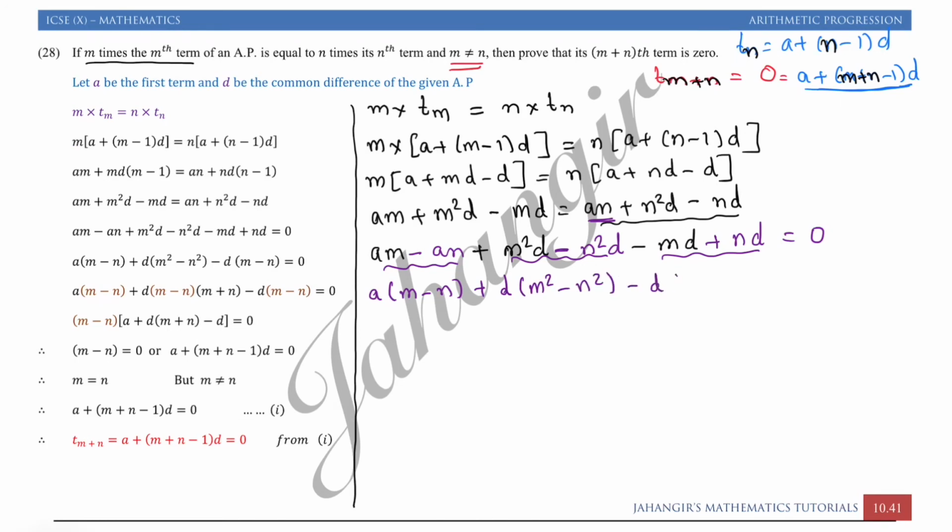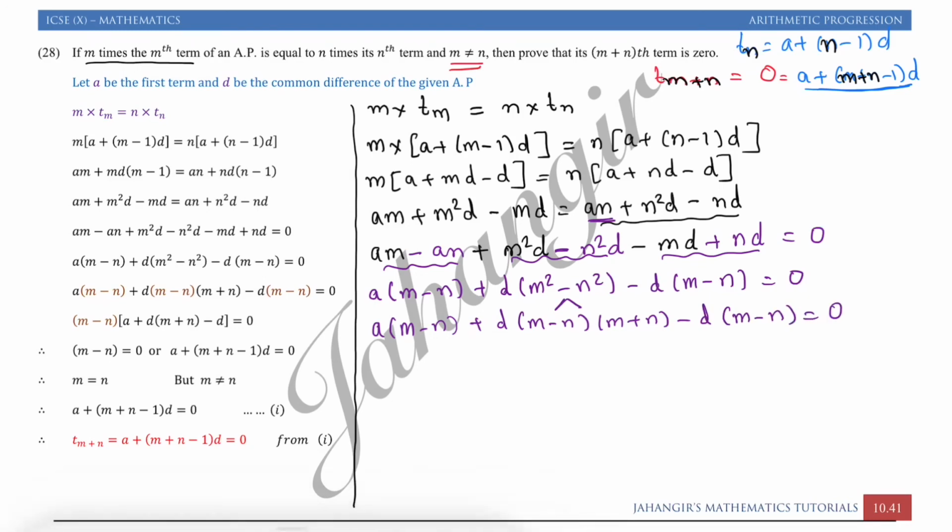Then we take out d common, so (m minus n) is equal to 0. Again we can factorize this: a(m minus n) plus d(m minus n)(m plus n) minus d(m minus n) is equal to 0.